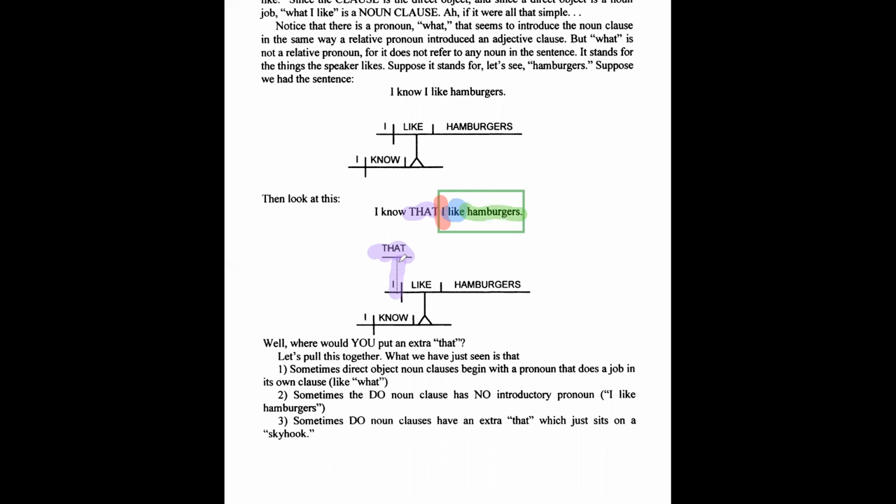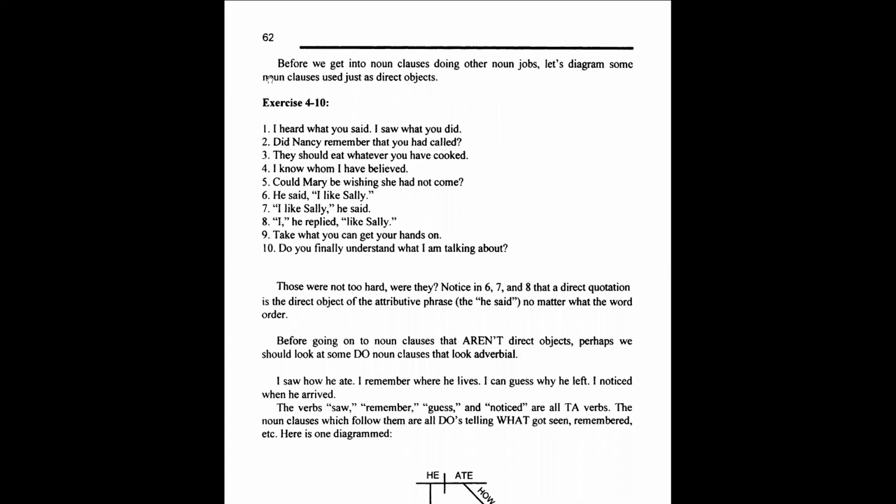Okay, and so now you can think about it. I know that I like hamburgers. You don't have to use that. I know I like hamburgers. Certain style guides will actually recommend that you take the that out. And there are certain reasons rhetorically for keeping it, but we'll cover those obviously not in grammar, but rhetoric. Now, before we get into noun clauses doing other noun jobs, let's diagram some noun clauses used as direct objects.